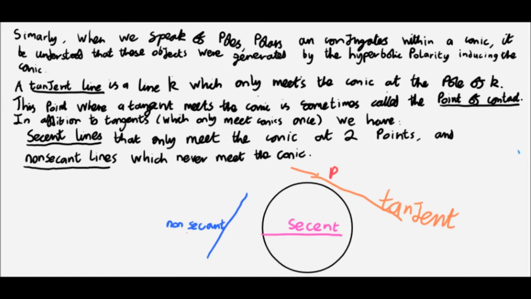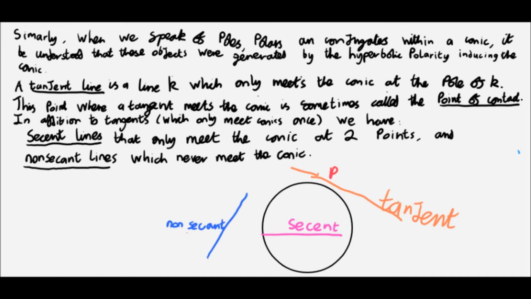So okay, let's introduce some proper terminology. A secant is a line which goes through two self-conjugate points. In other words, it's a line which goes through two of the points of the conic. For example, if you draw a line through a circle which goes through the circle at 2 points, that would be a secant of the circle.